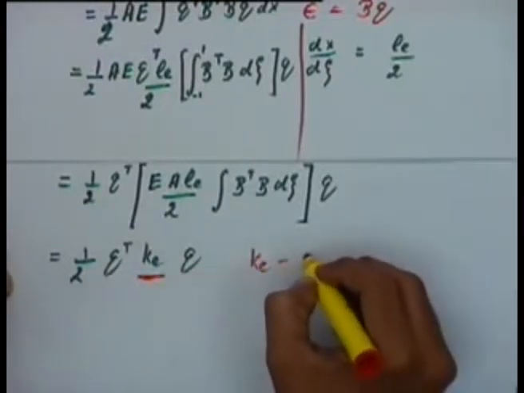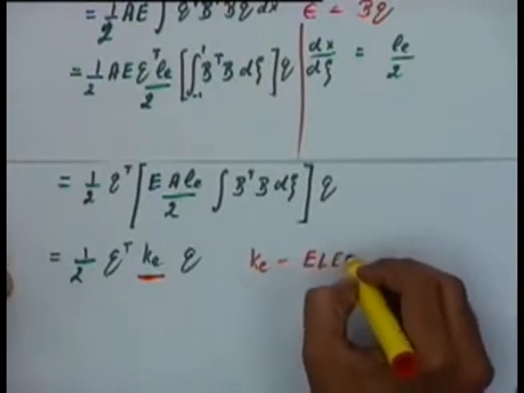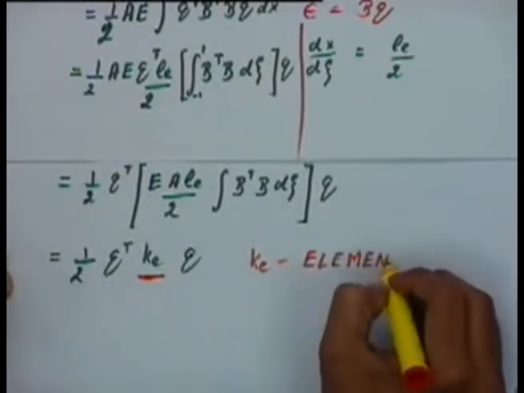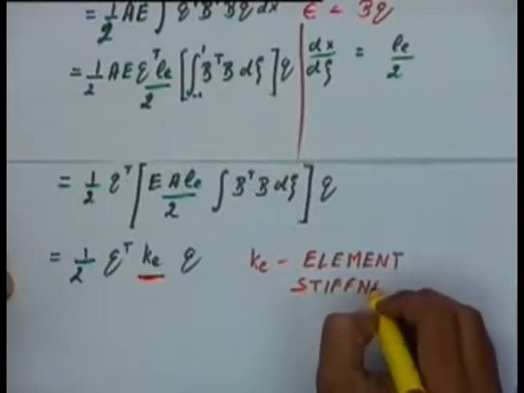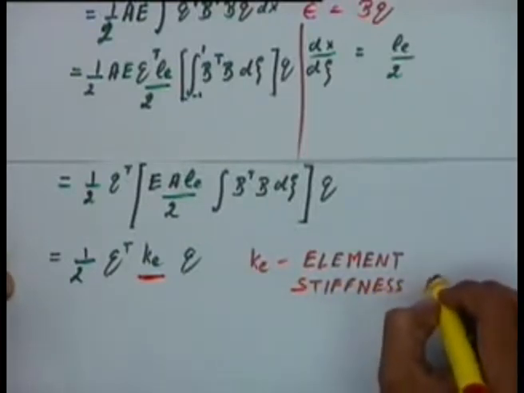KE is called the element stiffness matrix.